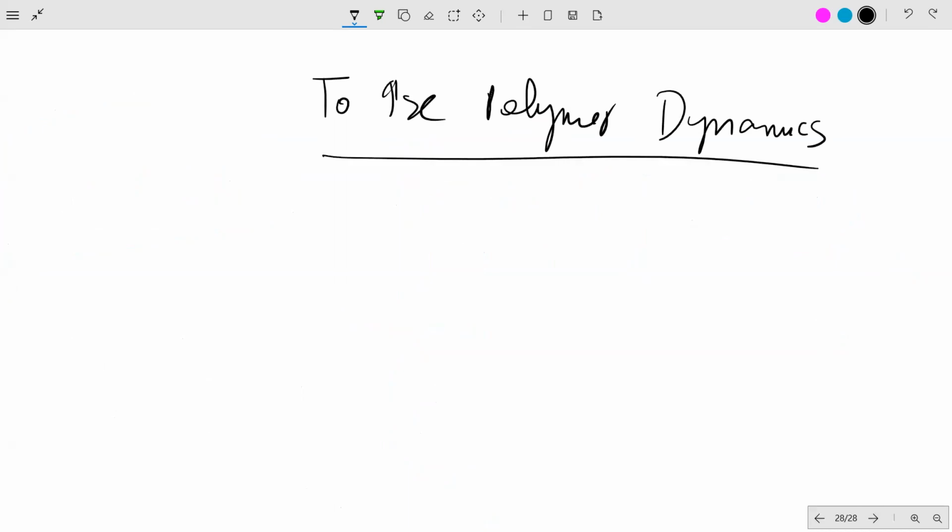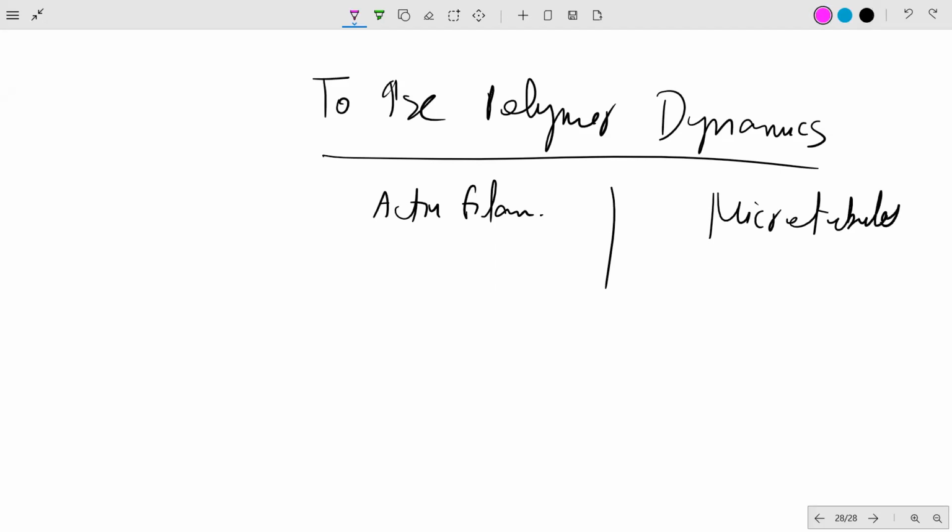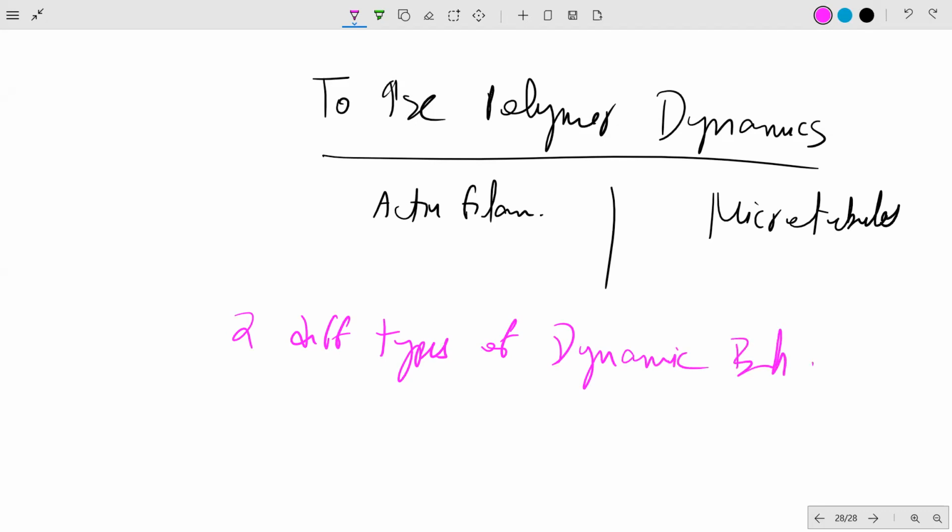And we know ये जो actin filaments हैं और ये हमारे जो microtubules हैं, they show two different kinds of dynamic behavior.